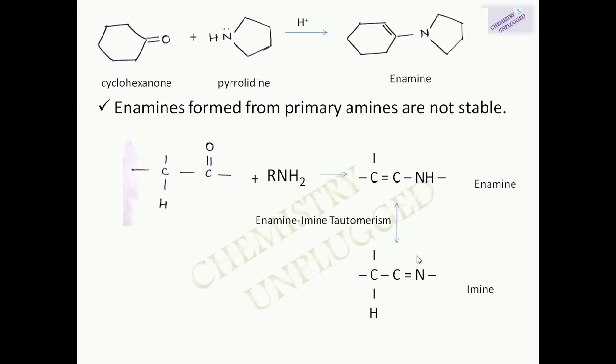So we have an imine. So it is enamine-imine tautomerism. In this tautomerism, the imine formed is more stable than the enamine. Therefore, enamines formed from primary amines are not stable. They will convert into imines.